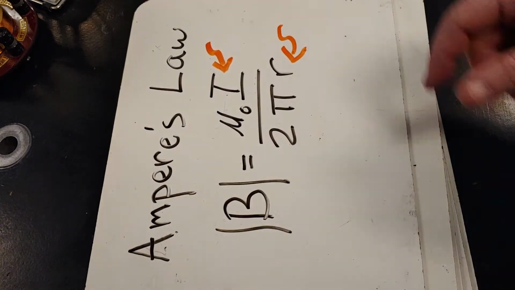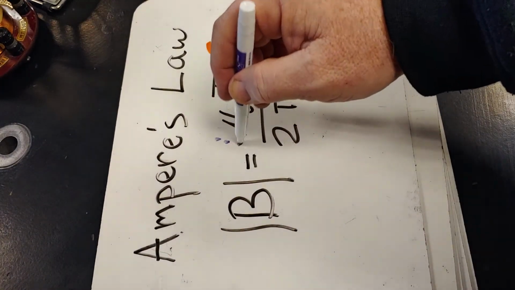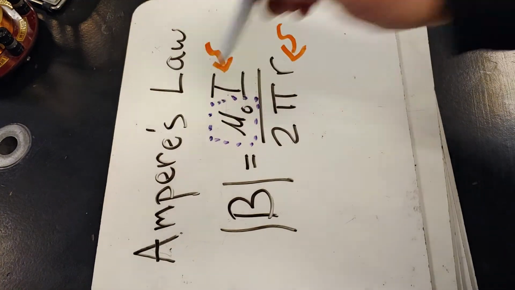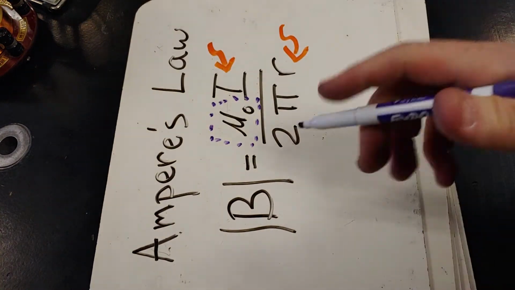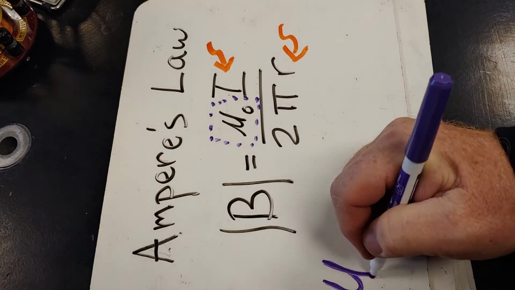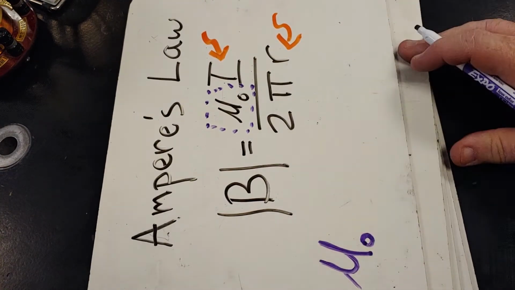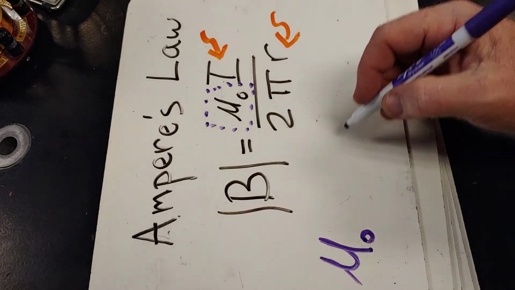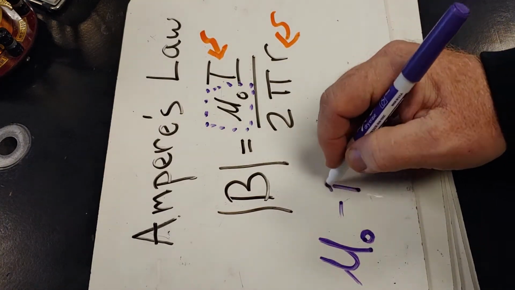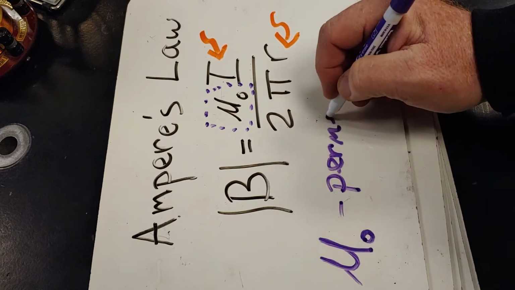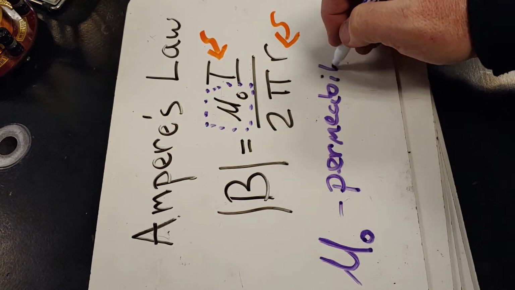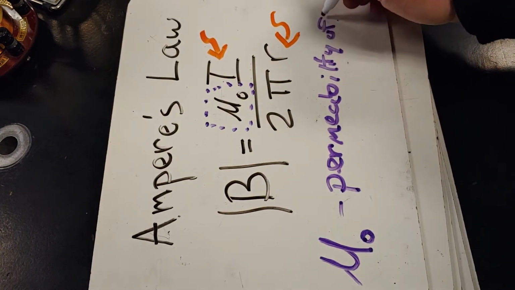And we have this new little fellow here, new in our conversations. You'll recognize the Greek letter mu, and the subscript, a little 0, and we say that aloud, mu naught. And mu naught is called the permeability of free space.